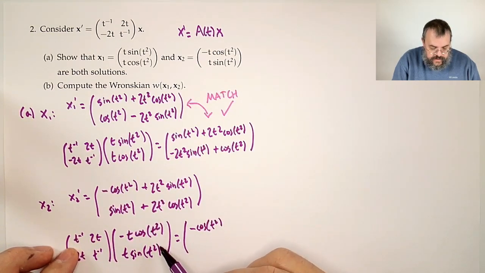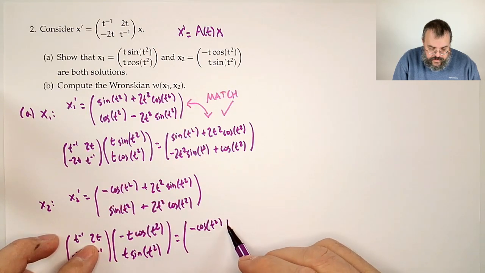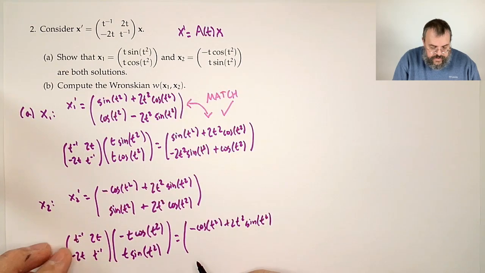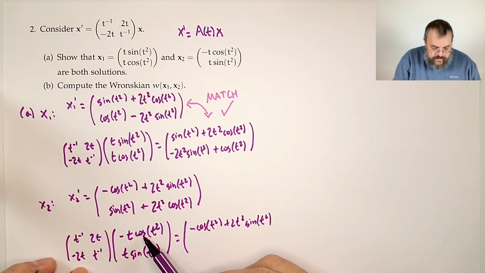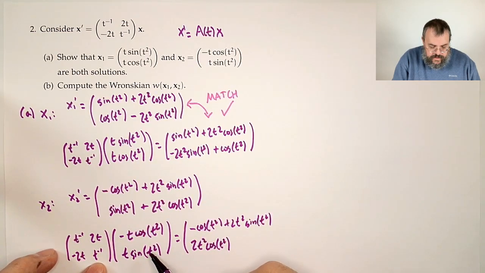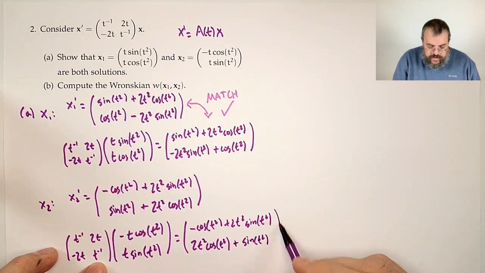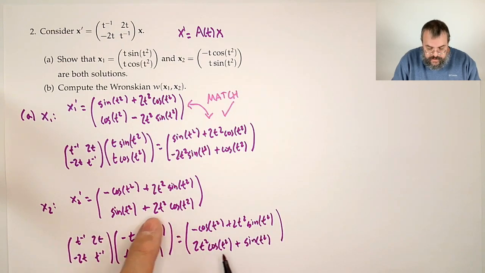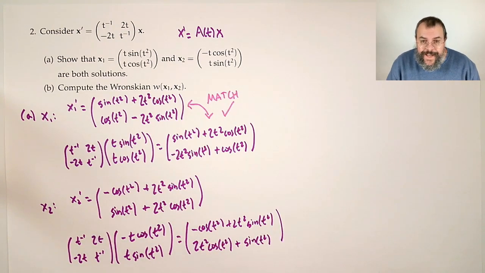All right, and here plus 2t squared sine of t squared. That's good. Come down to the next one, minus 2t squared. Actually, minus makes a plus 2t squared cosine t squared. And then here, t and t minus 1, plus sine of t squared. And now, again, we play our matching game. Okay, match, good. Match and match, good. Everything matches. And so, yeah, all right, 2 for 2.